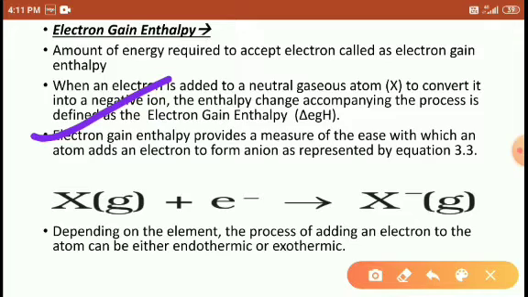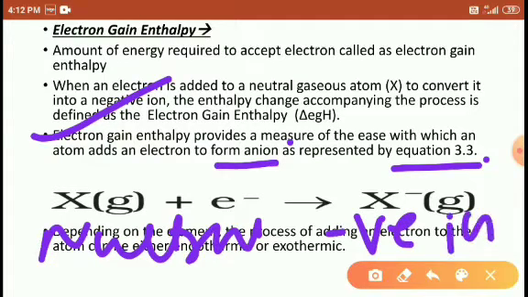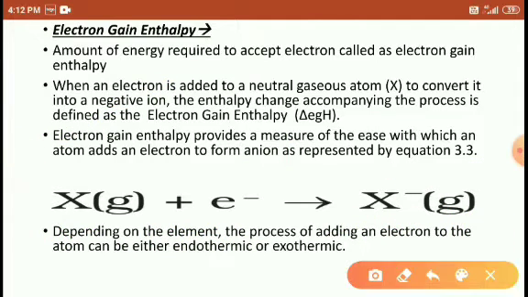Electron gain enthalpy provides a measure of the energy change when the atom adds an electron and forms an anion, and it is represented by the equation. Here the neutral atom turns into a negative ion, right, students?